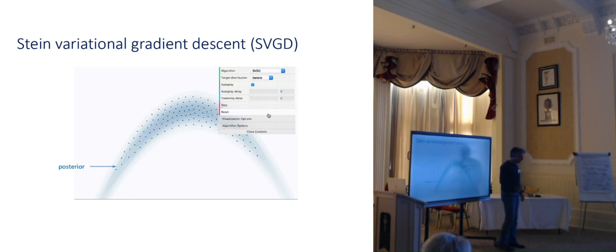And this is nice because in the end, we're going to get a set of parameter vectors which are distributed according to the posterior distribution, which we can use to evaluate the integrals that give us the optimal answer.